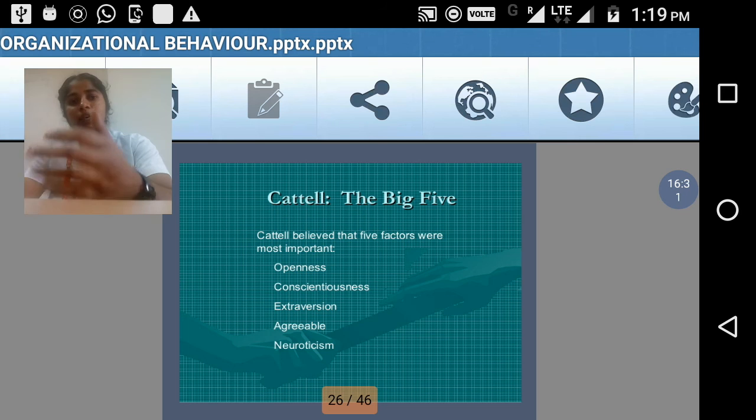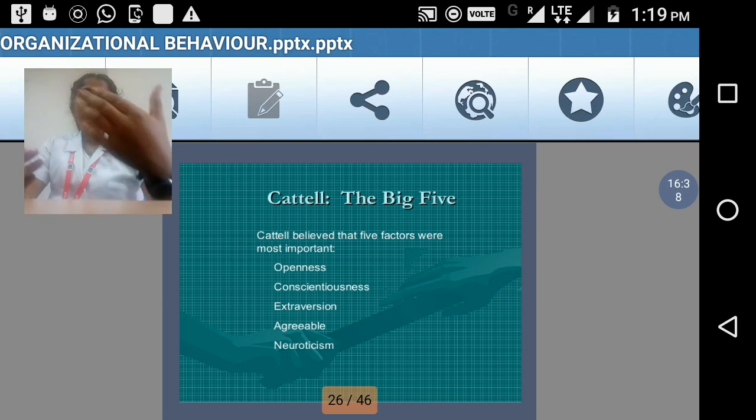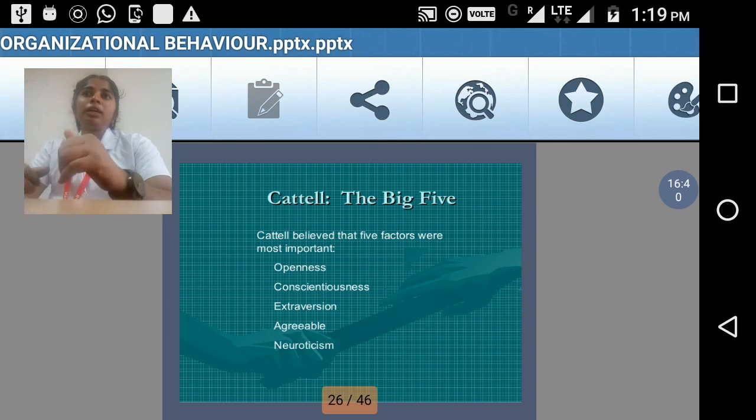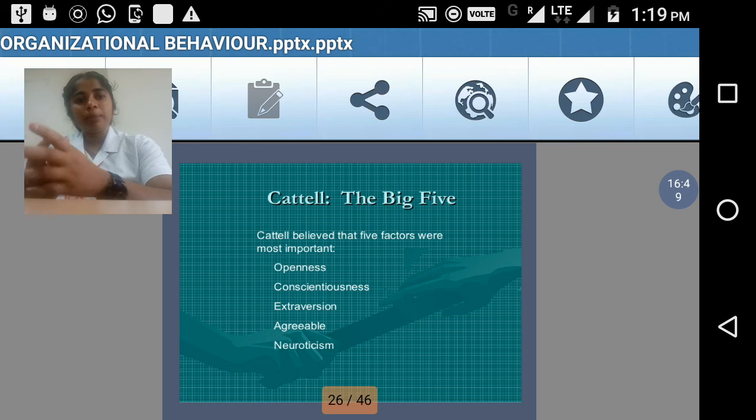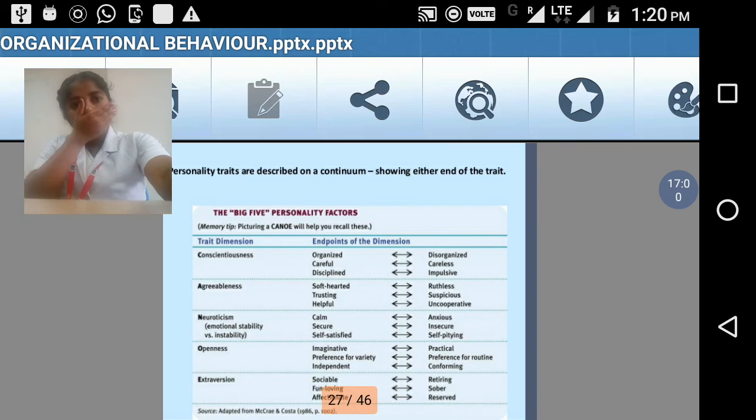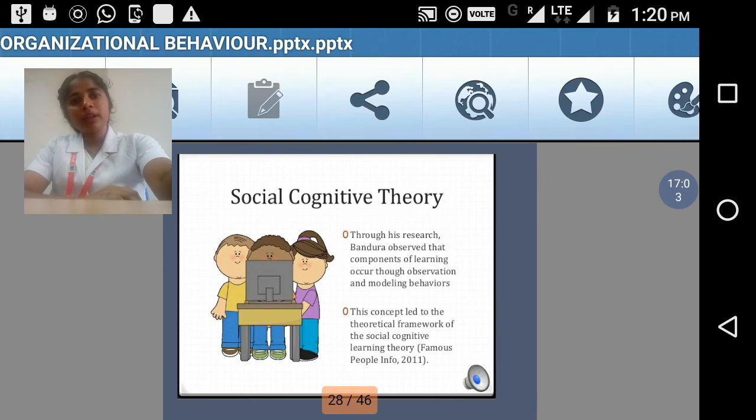Emotional stability means being confident and stable in one's emotions, versus being tense with lower confidence. So these are the big five personality dimensions: openness, conscientiousness, neuroticism, agreeableness, and extroversion.